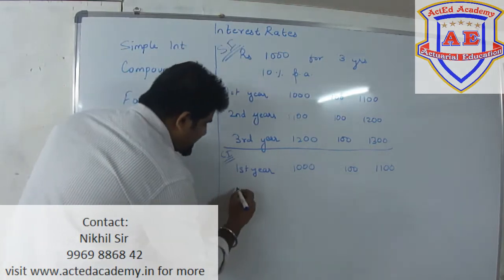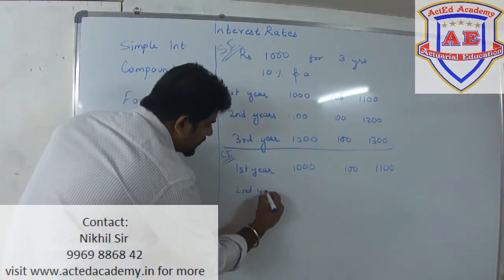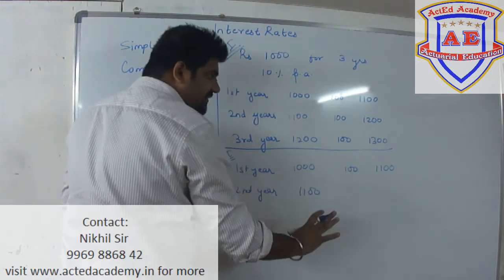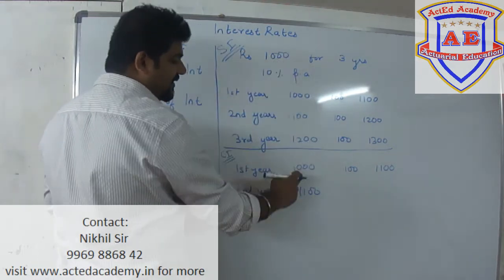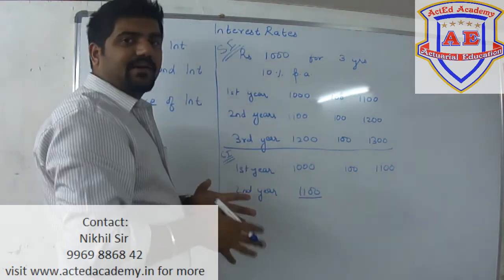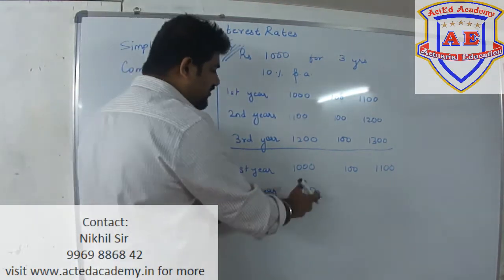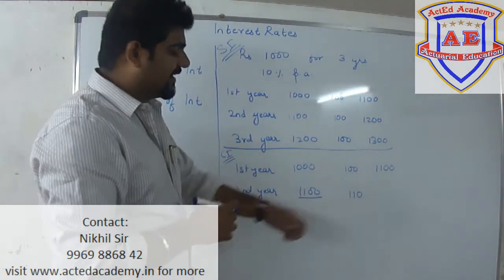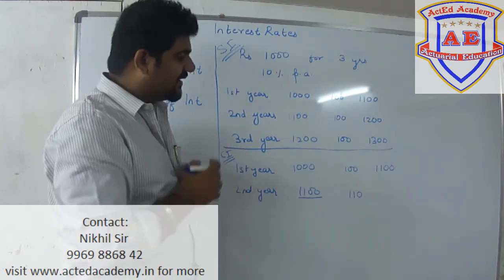That means in my second year, interest will be chargeable at 10% only, but not on the initial capital. Interest will be chargeable on the current capital, that means on the present value of the capital. So it will become 110 rupees because 10% of 1,100 is 110.